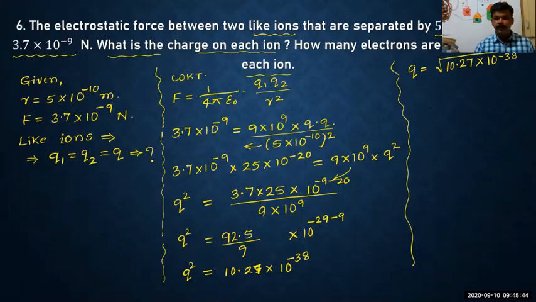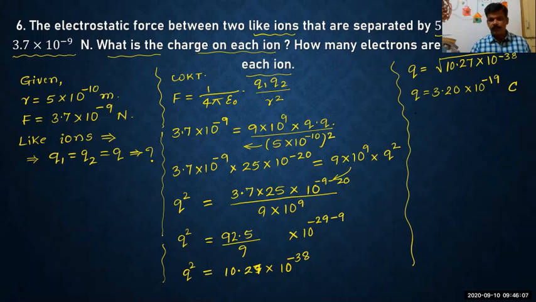It is 3.20 into this 10 raised to minus 38. Half of that is minus 19 coulomb. So this is the charge present there, 3.20 into 10 raised to minus 19 coulomb.